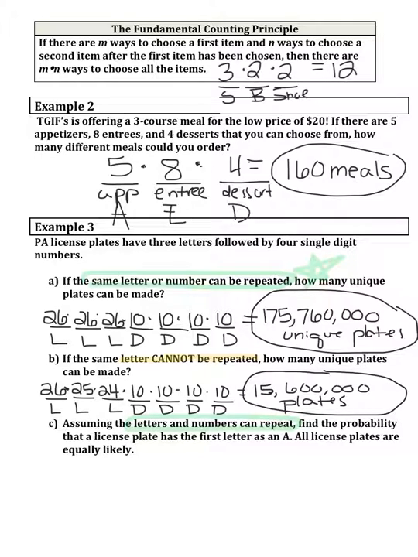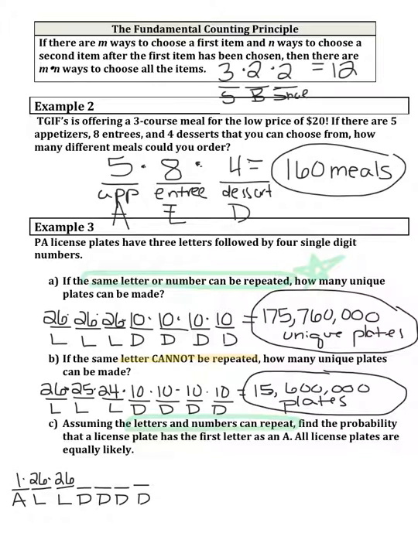Okay, so this is going to take 2 steps here. First, we need to find out how many plates have the first letter as an A. So this time, I'm going to label that A, and then any letter, and then 4 digits. Well, guys, how many options do you have for the first letter being A? In the alphabet, how many A's are there? Just 1. But the letters and numbers can repeat, so there are 26 options for the second and third spots.